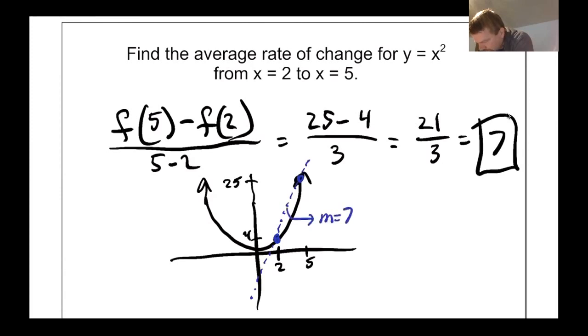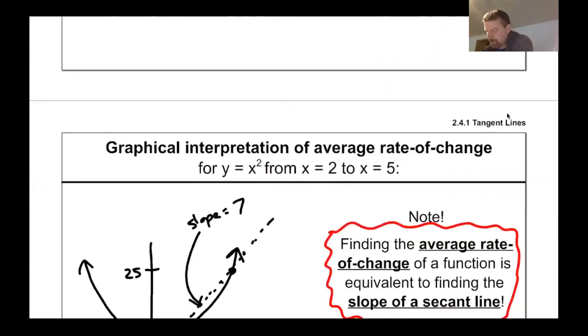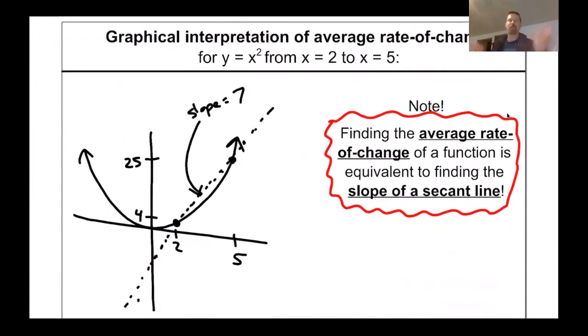Slope equals 7, which is your average rate of change between x equals 2 and x equals 5. Or maybe instead, from x equals 2 to x equals 5. Same thing. All right, so there's the graphical interpretation.